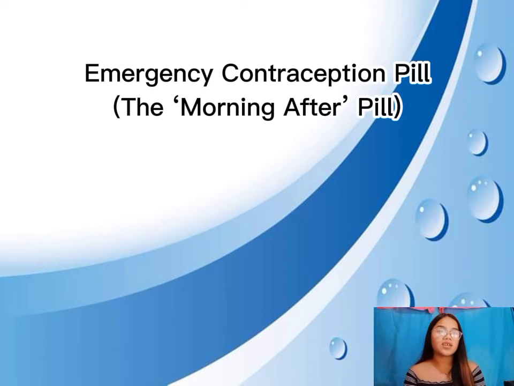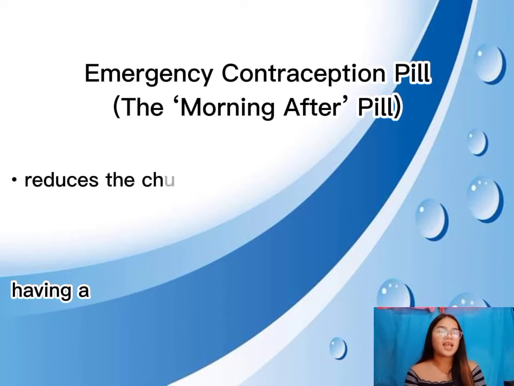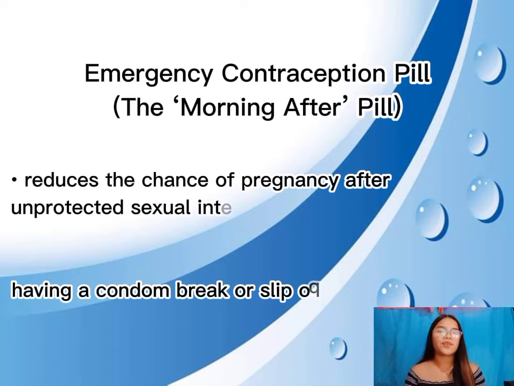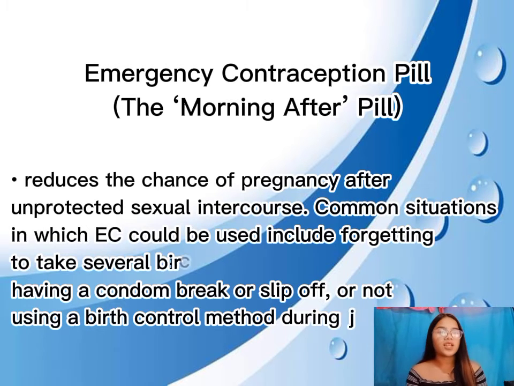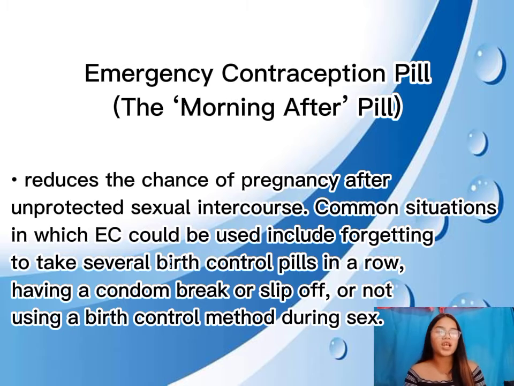For the emergency contraception pill, the morning after pill, emergency contraception or EC reduces the chance of pregnancy after unprotected sexual intercourse. Common situations in which EC could be used include forgetting to take several birth control pills in a row, having a condom break or slip off, or not using a birth control method during sex.